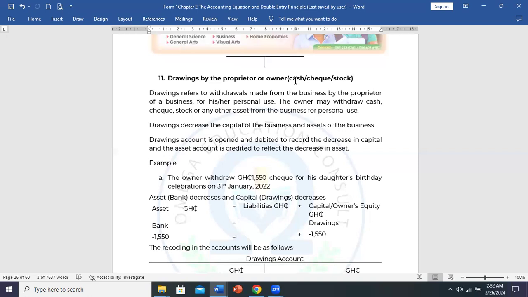Because purchases keeps the stock that we buy as a business. So if the owner is taking stock, we have to credit purchases. So that is it for drawings by the owner. So anytime the owner makes drawings, debit drawings, credit either cash, bank, or purchases in the case of stock.